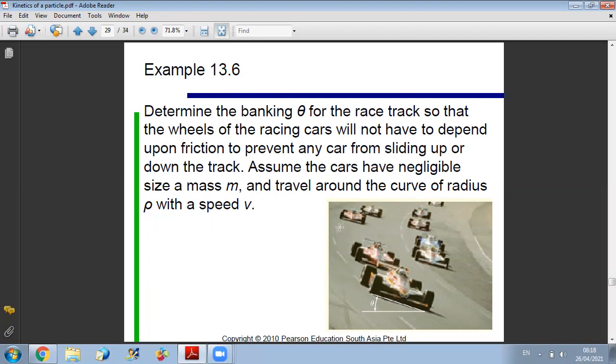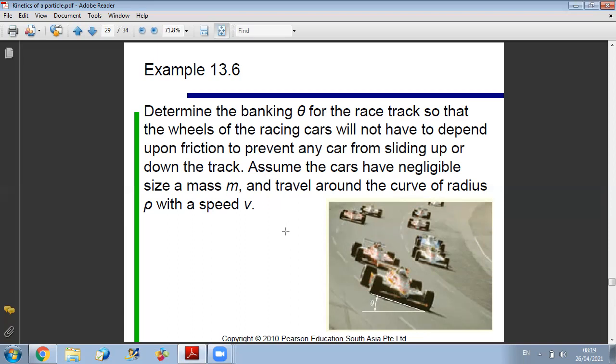Why can we think about normal tangential coordinates here? Because whenever you have a curved motion, especially a circle, it will be interesting to work in UN UT, since you know that a_n is v squared over rho. Here they are telling us that the cars are moving around a curve of radius rho.